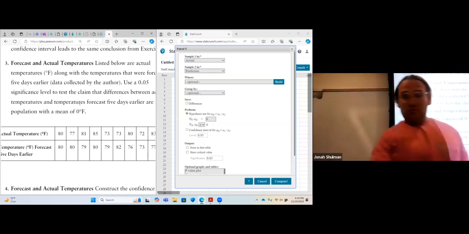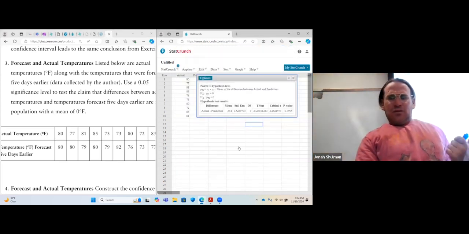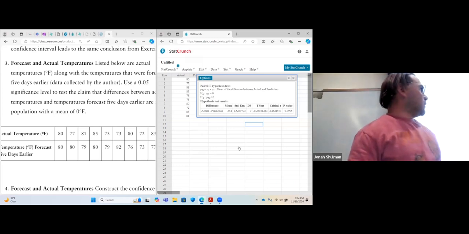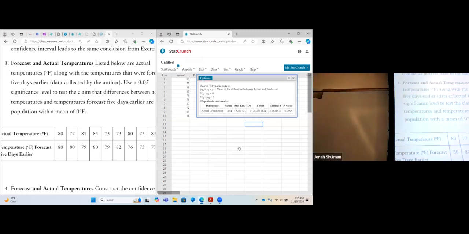So I'm just going to go to compute. I like the critical value of 0.05. Compute. There's no difference. There's two places we can look to see how wrong we were, right? Is our statistic, see how this is a positive one, so it has to be bigger than the critical value. If this was negative, we'd have to be smaller than it.